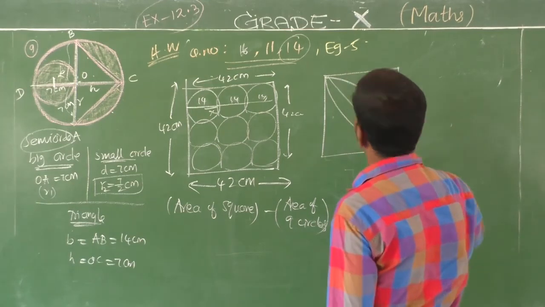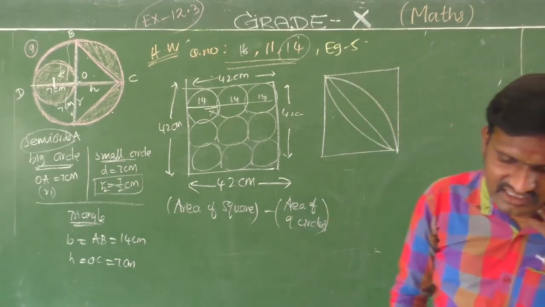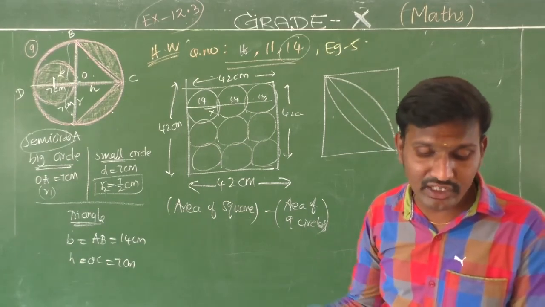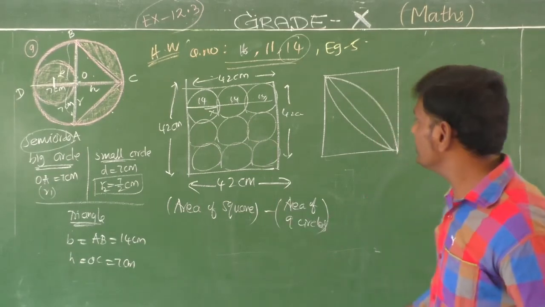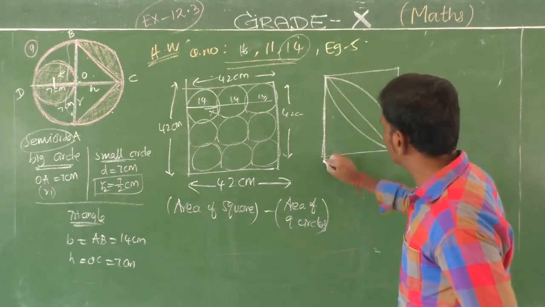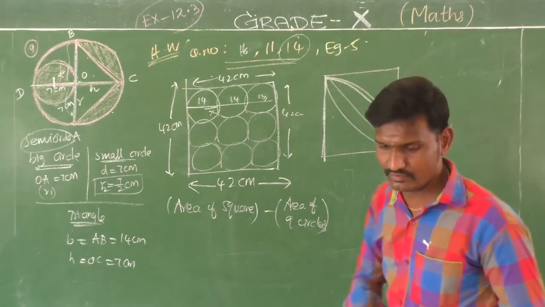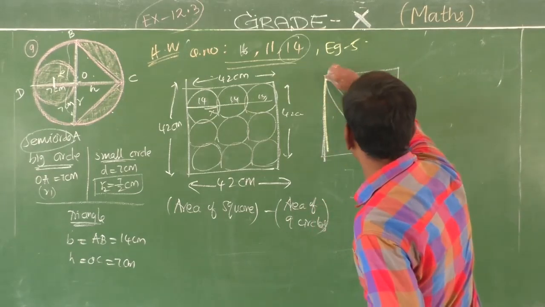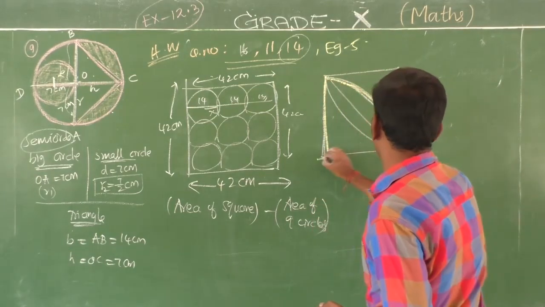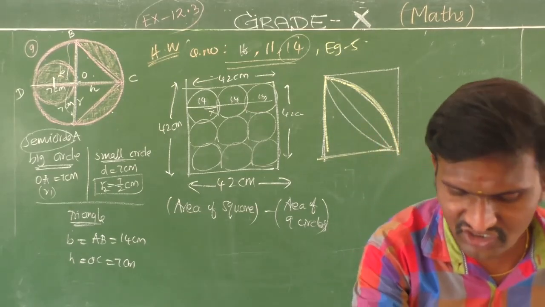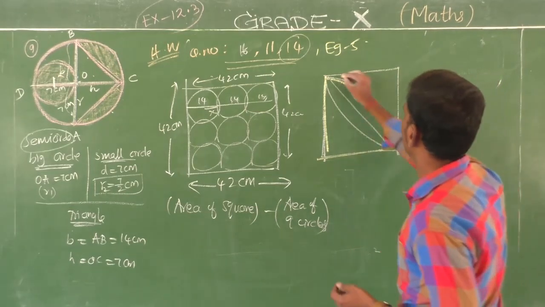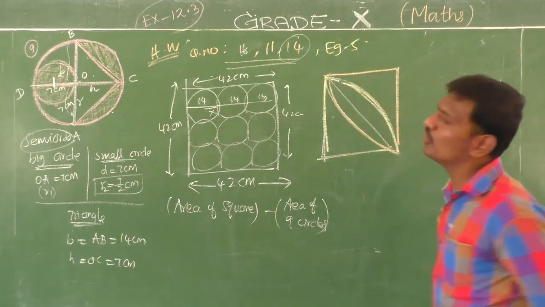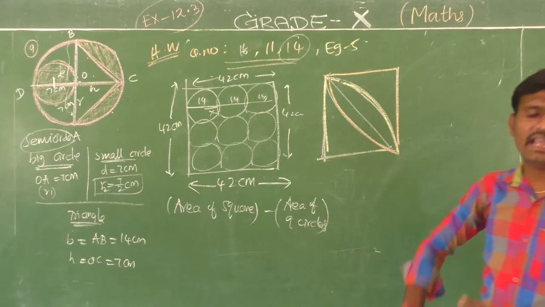Calculate the area of the shaded region in the figure, common between the two quadrants of the circle. This one is one quadrant, and this one is another quadrant. So the two quadrants are like this. Have you got it?